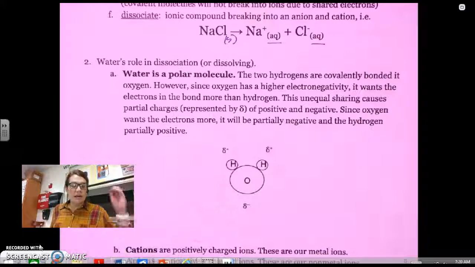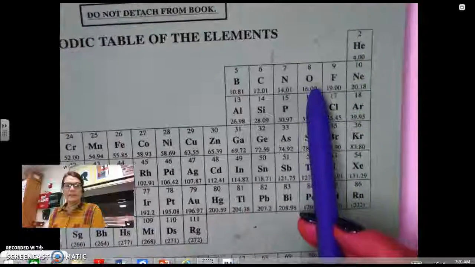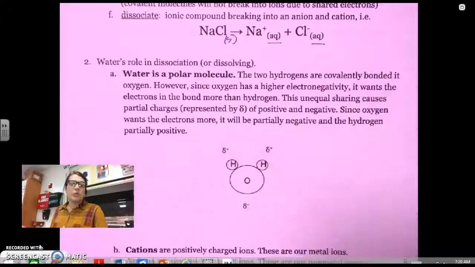And more or less they're attached through covalent bonding. Okay? But since oxygen is further right on the periodic table than hydrogen, it's going to be more electronegative, meaning that it wants the electrons in the bond more than hydrogen, okay?